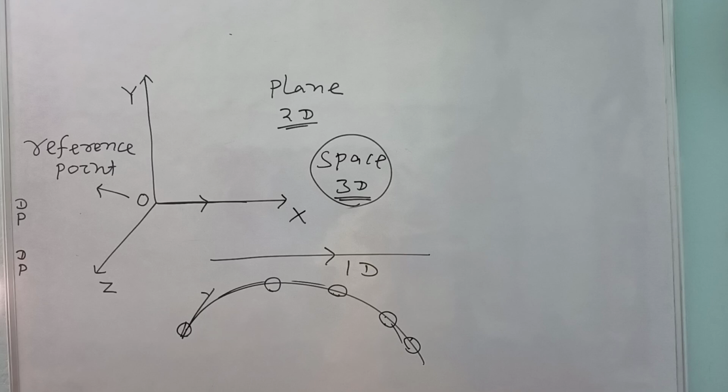I mean this 1 dimension, 2 dimension, 3 dimension, you require 1 axis or 2 axes or 3 axes. So this is what your reference point, frame of reference, and also different type of motion like 1D, 2D, 3D.